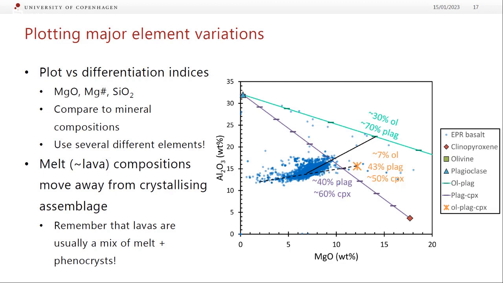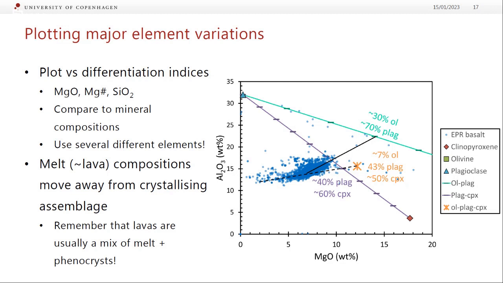Okay, we usually plot major element variations on these things called Harker diagrams, and this just saves you looking at these huge tables of data and not being able to read much. Typically, they're plotted against differentiation indices, so we often use MgO, or the Mg number, which is calculated in the same way as the forsterite content.